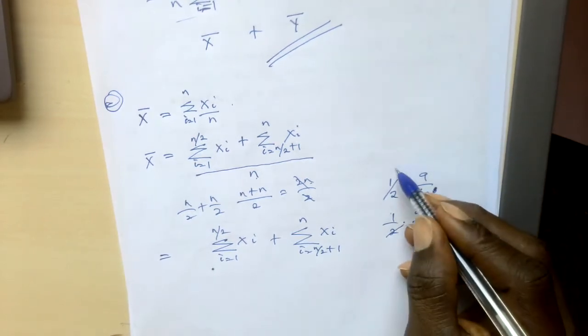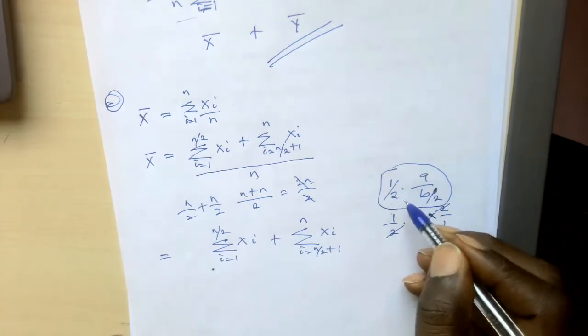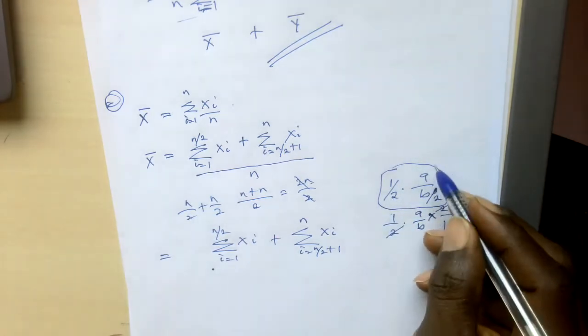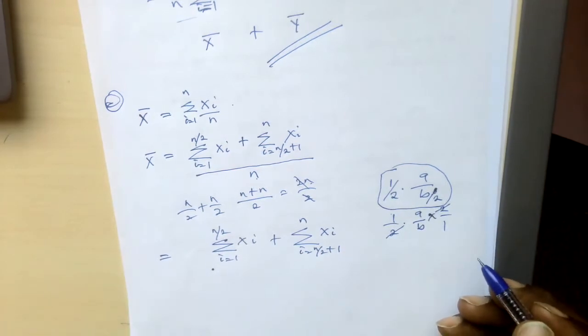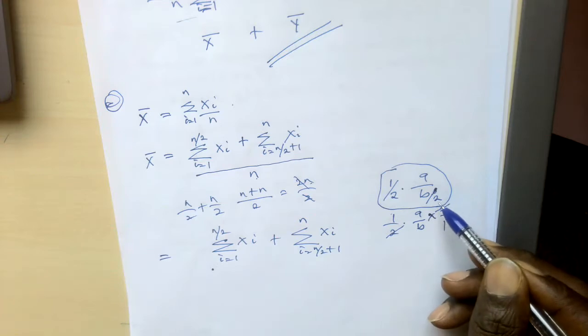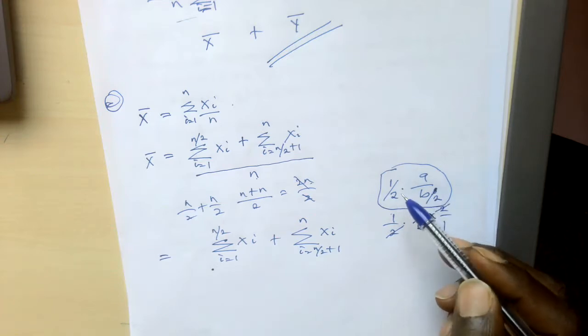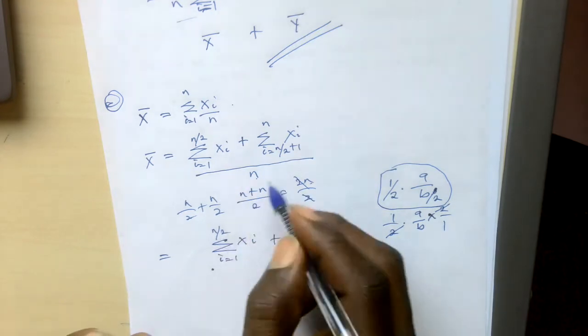So dividing by 2 and multiplying by half means you have not done anything to the main equation. You still arrive at the main equation. That's what we want to do to this equation.